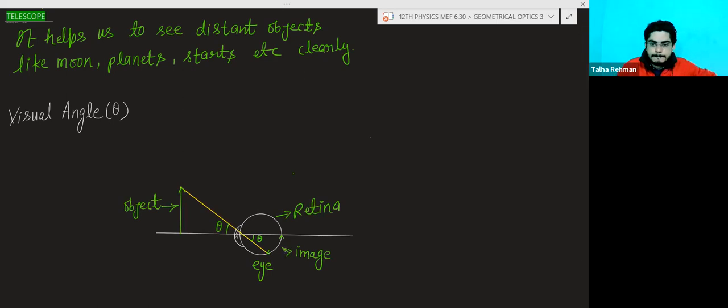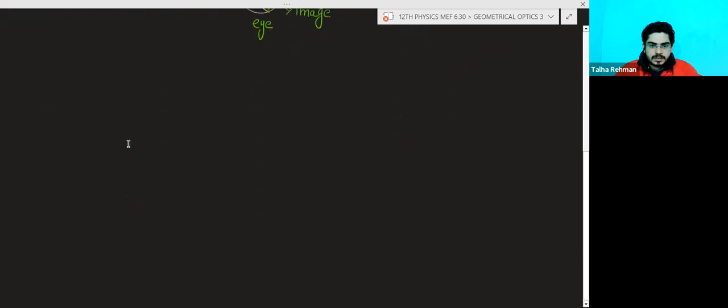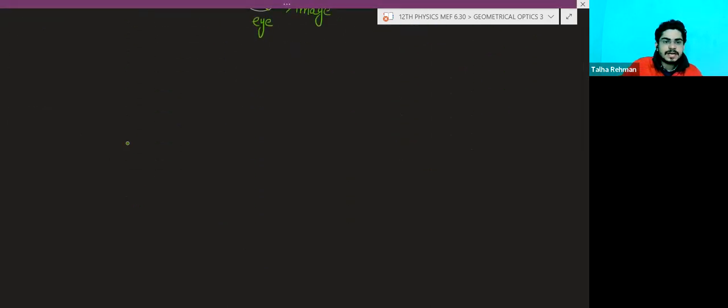Or you can write here: more value of theta, bigger is the image. So the visual angle is basically the angle subtended at the eye by any object. Now we'll discuss the magnifying power of telescope.